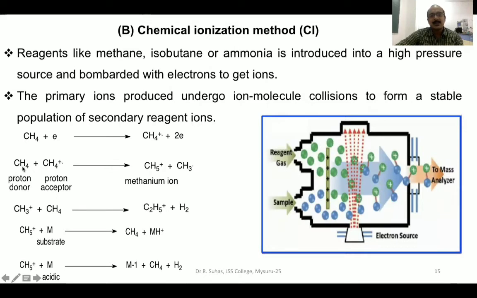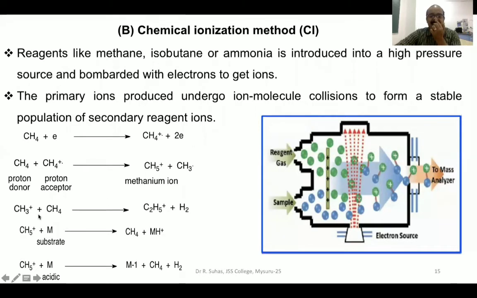That's why this will be neutralized by donating one proton from this molecule to this molecule. So if one proton is donated, this becomes CH5 plus and this becomes CH3 radical. This CH5 plus is called methanium ion. This is called secondary reagent ion. This is the primary reagent ion. This is called secondary reagent ion.